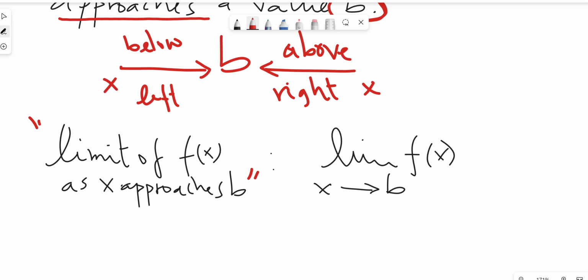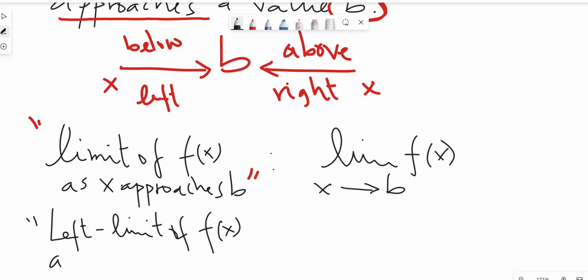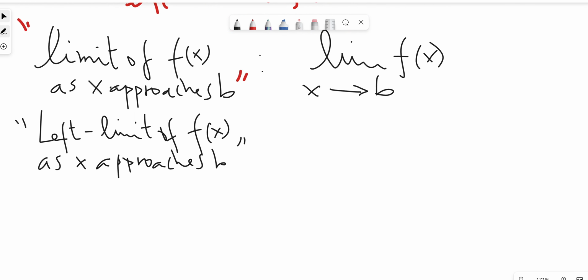Now there's the left limit. There's a notation for the left limit and the right limit. So for the left limit of the function f of x as x approaches b, i.e. the limit of f of x as x approaches b from the left, same thing.